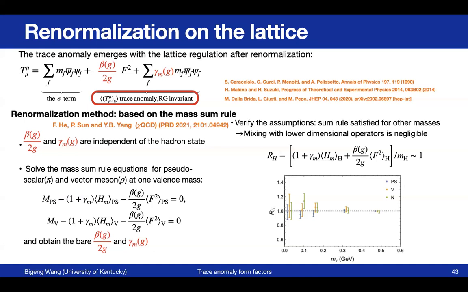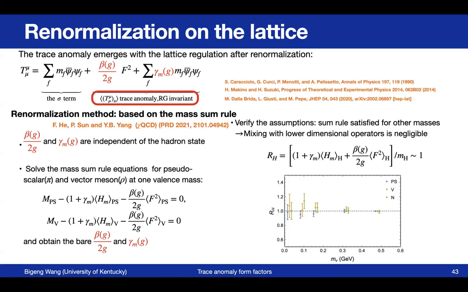And to check that our calculation, which does not include this lower dimensional operator in this equation, we look at the ratio where we multiply these factors, which in principle should equal the hadron mass.